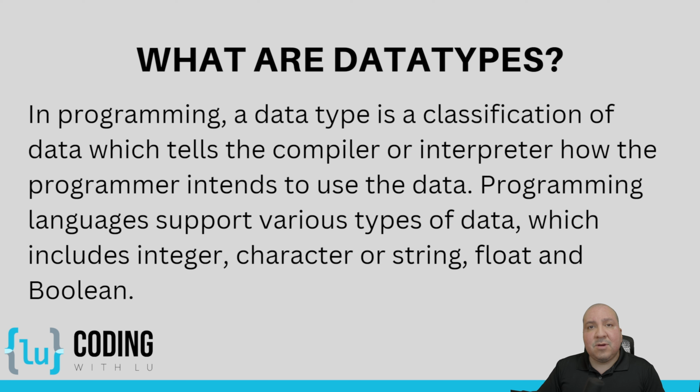Not like other languages such as C++, where you have to declare the data type up front. You have to specify that this variable is going to be an integer, and then you assign an integer value to it, as an example. You cannot declare it as an integer, then try to assign a string value. You're going to get an error, right? But in Python, you don't have to do that.